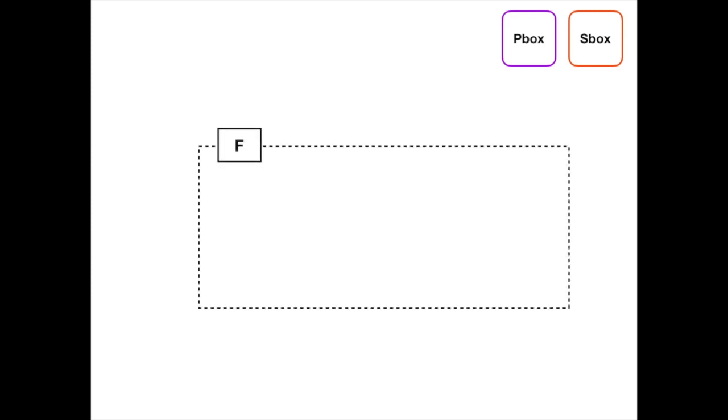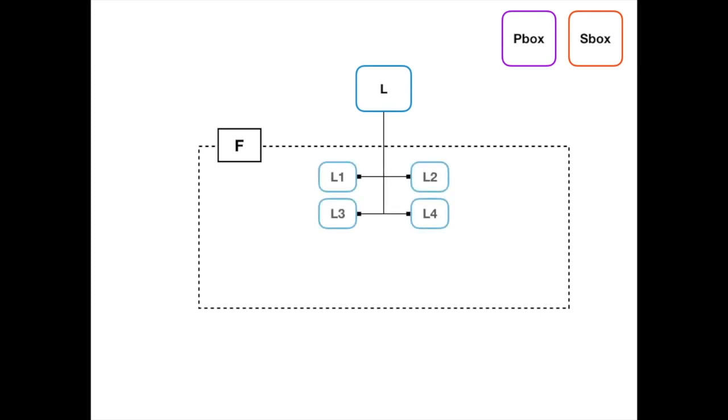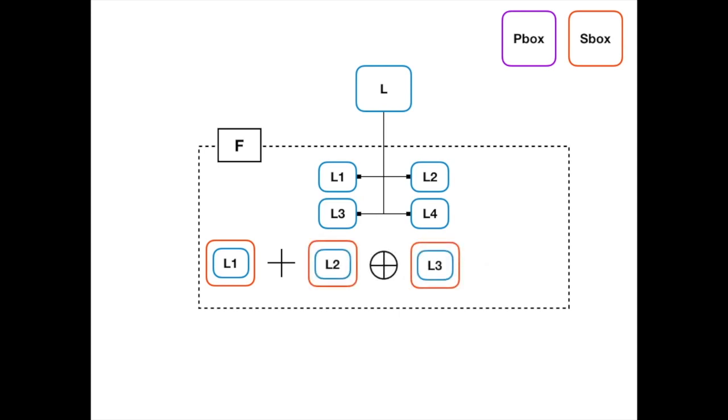In the function, we split L into 4 quarters. The S-box value at quarter 1 is added to the S-box value at quarter 2. Then that sum is XORed with the S-box value at quarter 3. Finally, that result is added to the S-box value at quarter 4.